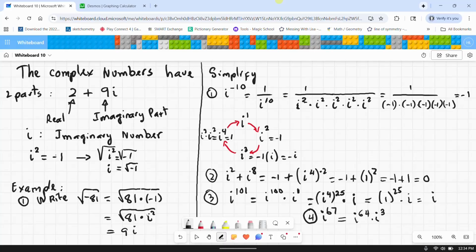Those two exponents combined equal i to the 67. So i to the 64 is divisible by 4, so we write i to the 4 times 16, and then i to the third power. This is going to be i to the fourth, 1 to the 16. Now i to the third power is negative i. So the answer is negative i.